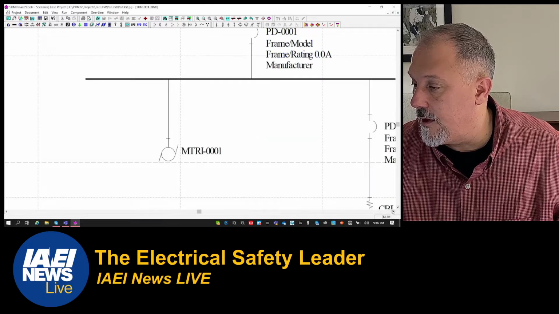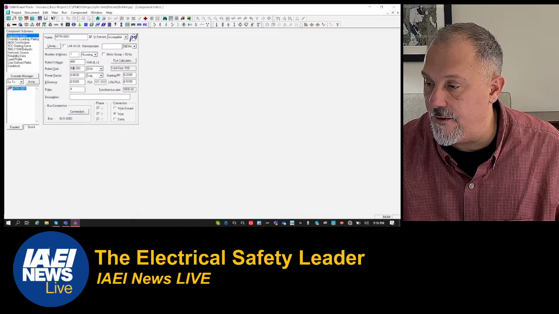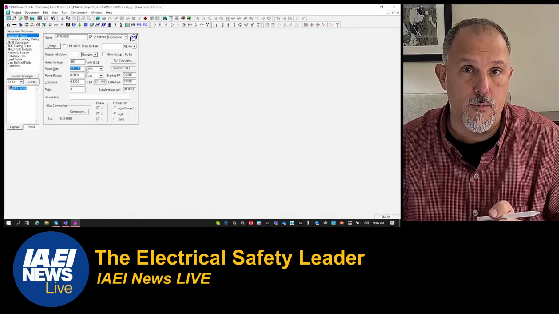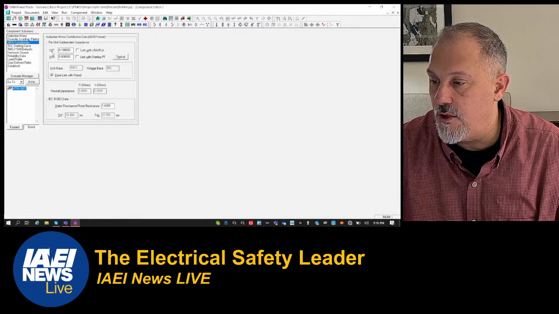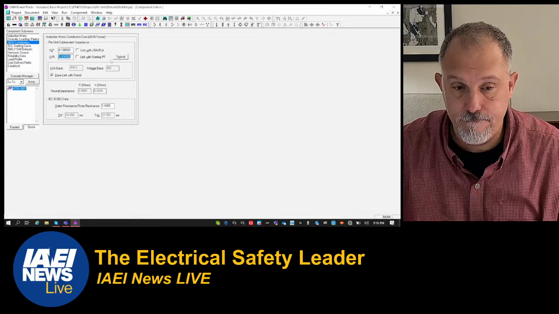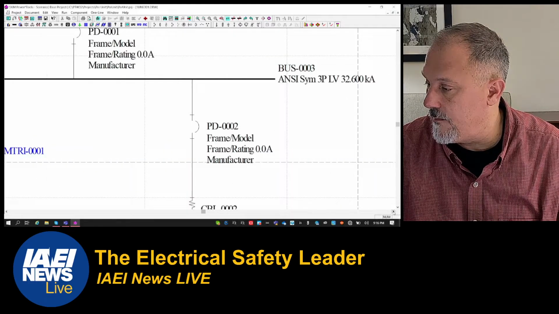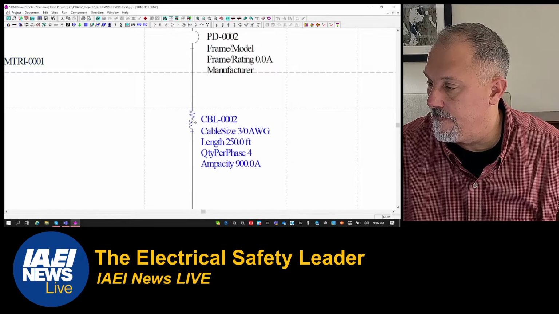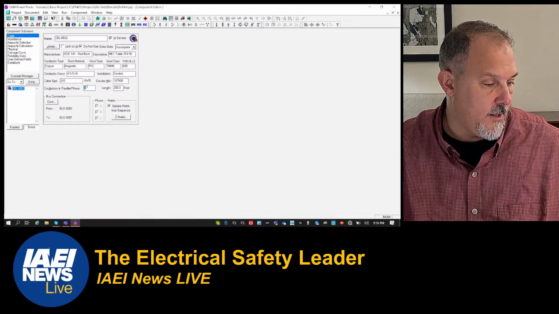And then I'm going to go to the motor. This is the motor. I got a 480 volt motor, 500 kVA, because it's 500 horsepower. You're making a basic assumption that 1 horsepower equals 1 kVA. And when you go to the ANSI contribution, there's my 0.16, and there's the X to R ratio of 5. And then we're going to come over to conductor number 2. I've got 4 conductors in parallel. That's conductor 1, conductor 2.